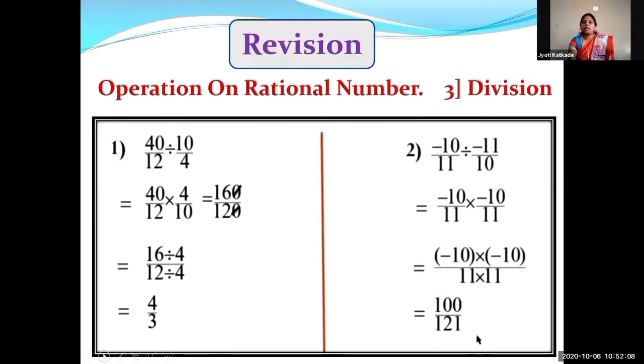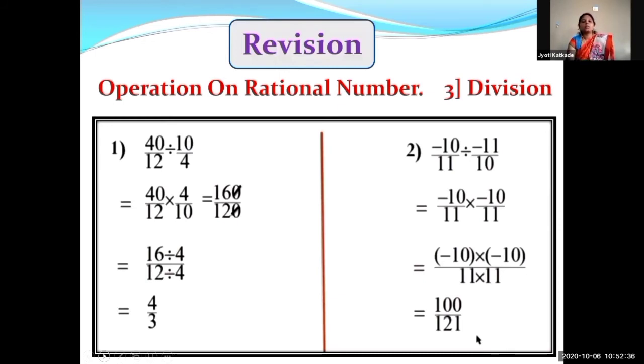Take the multiplication sign instead of division, because division is the inverse of multiplication. And where we take the multiplication sign, there take the reciprocal of the next rational number, that is, the reciprocal of 10 upon 4 is 4 upon 10.